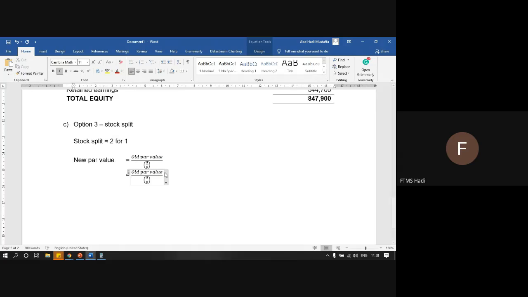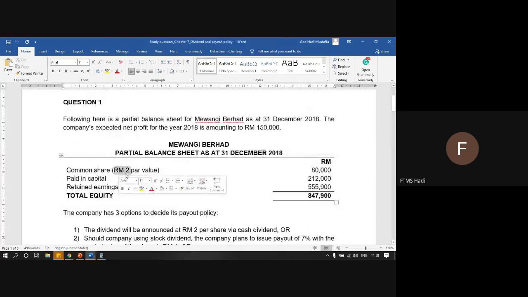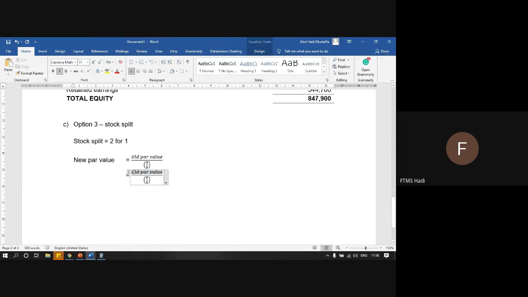Old par value means you need to refer to the question, what is the old par value here, which is 2 ringgit, RM2, divided by A. Remember, A is the left side, B is the right side. A is 2, B is 1.